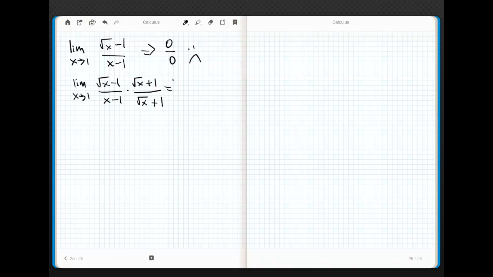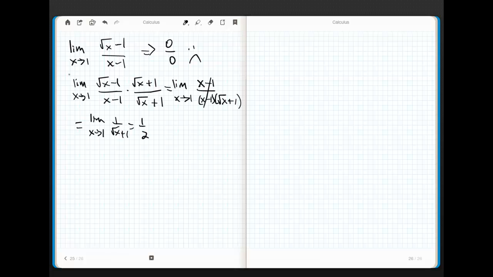I end up with the limit as x approaches 1 of x minus 1 over x minus 1 times the square root of x plus 1. And look what happens. Gone. More importantly, I end up with the limit as x approaches 1 of 1 over root x plus 1.